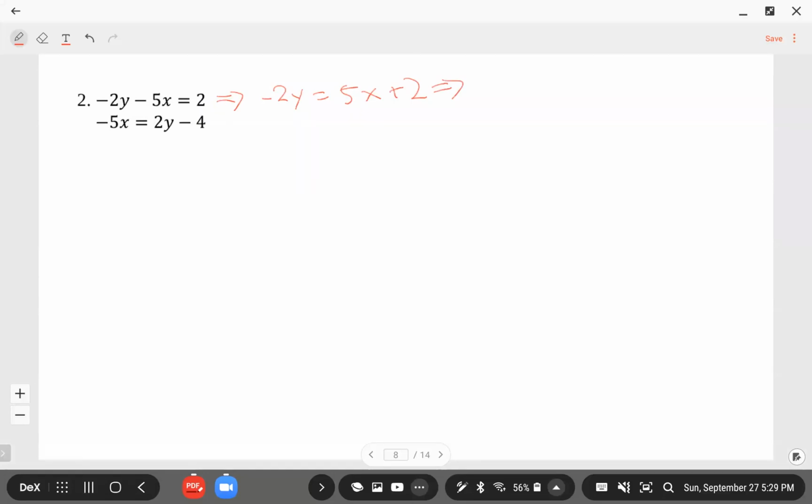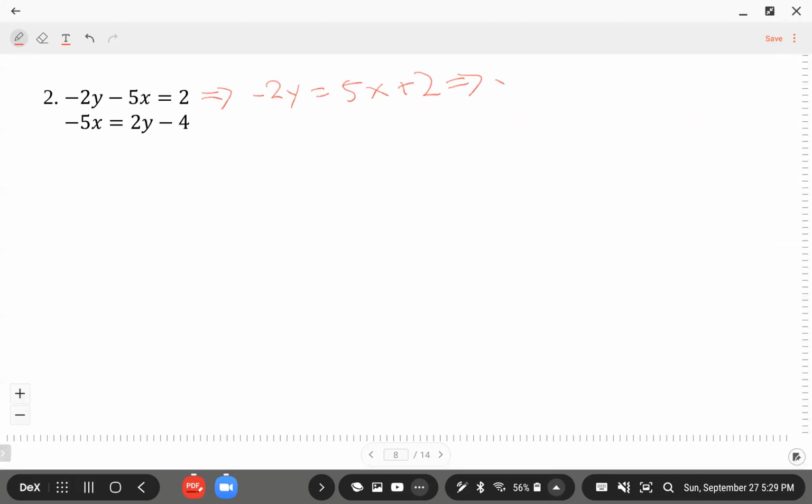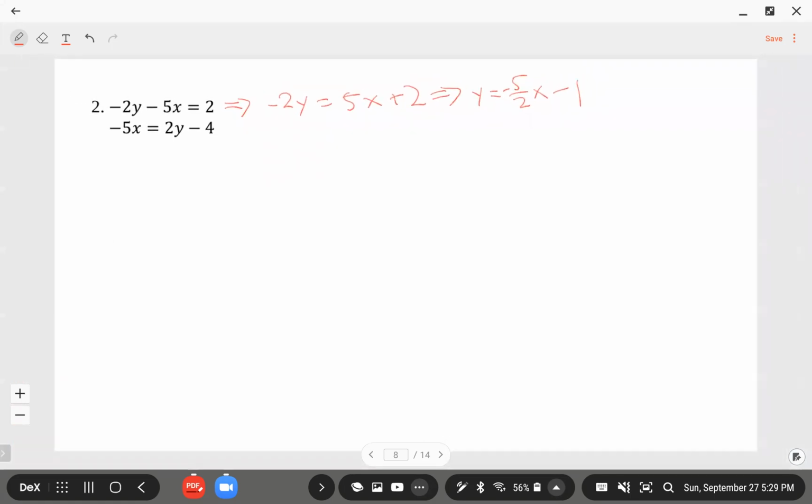We want y by itself, not negative 2y. So divide by negative 2. Y equals negative 5 over 2 x, and then minus 1. That should be right. Correct me if I'm wrong.